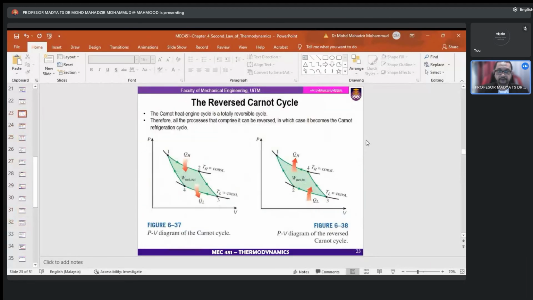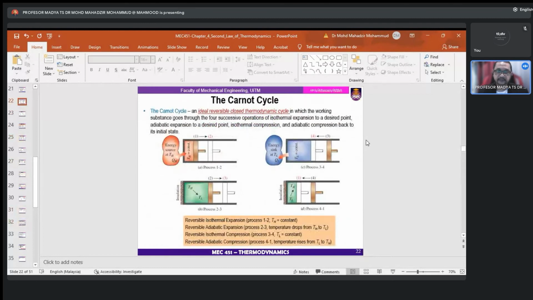Okay, we go for the conclusion for the Carnot cycle. This is only for the Carnot cycles. The Carnot cycle is a reversible cycle composed of four reversible processes, two isothermal and two adiabatic.